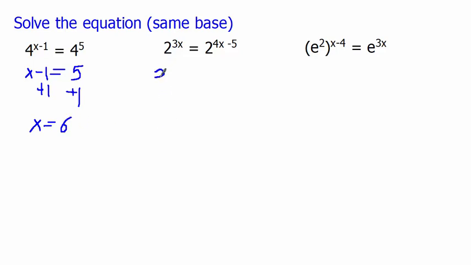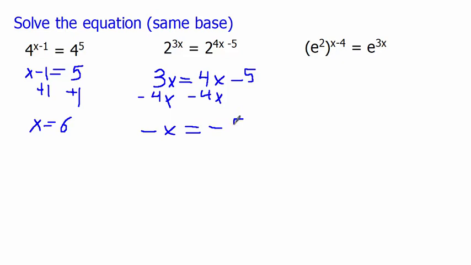Exponent equals exponent. Moving things around, if I subtract the 4x, simply because the x is already on the other side by itself, I'm going to get negative x equals negative 5, dividing by negative 1, x equals positive 5.